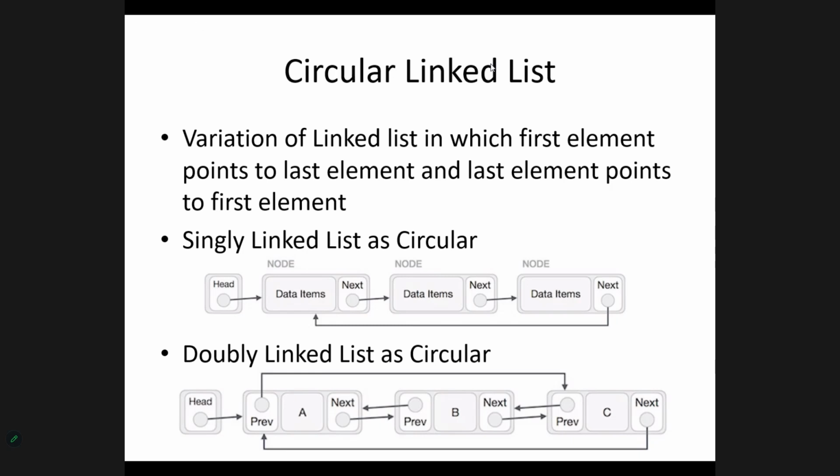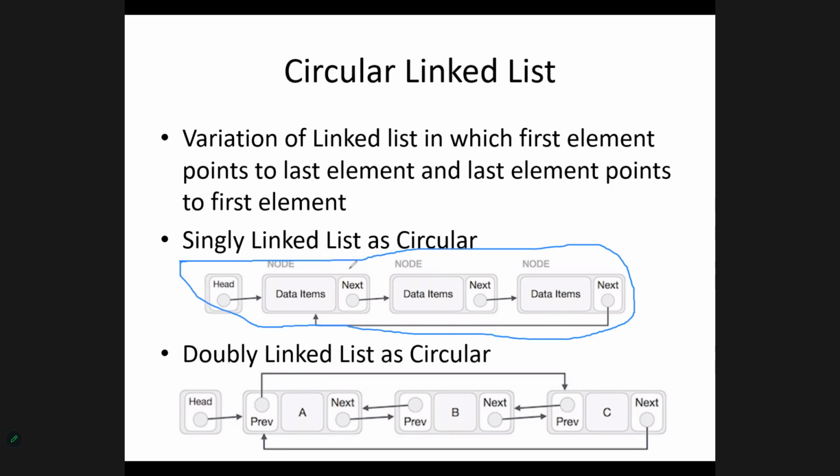So for example, you can see this diagram. This is the singly linked list as circular. Here you can see these are the data containers, right? Having two compartments because this is a single linked list, so one for data, the other one for the reference.